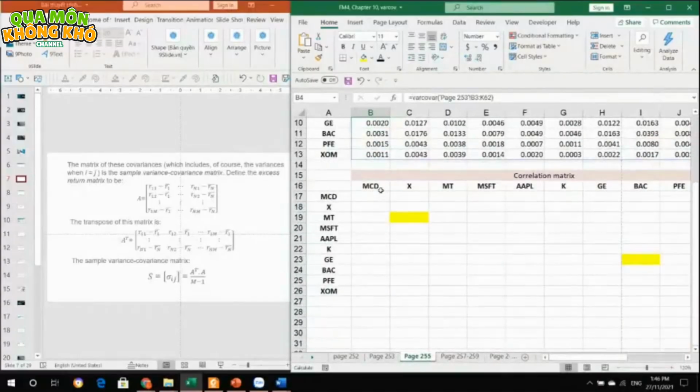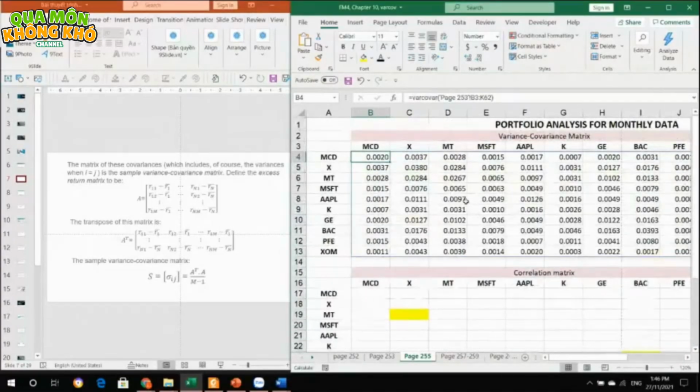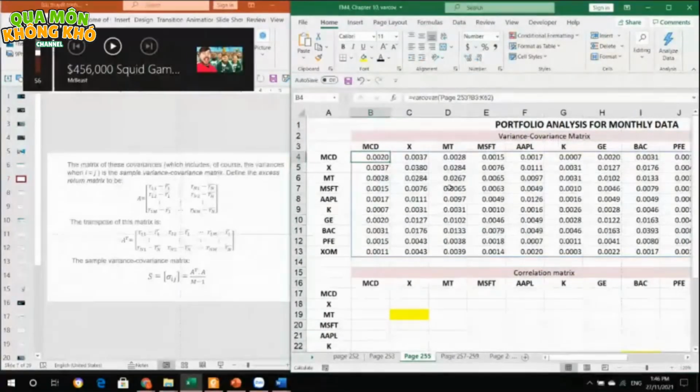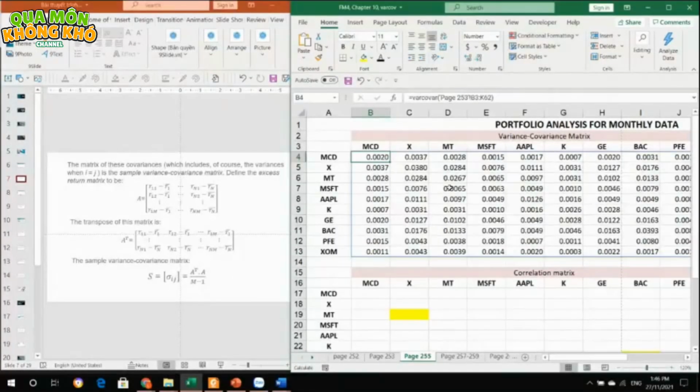But I have to remind all of you that this function is a user-defined function, which means you need to use VBA coding to create this function. It's not available in Excel. The var function is not available. You need to create this function by VBA coding.